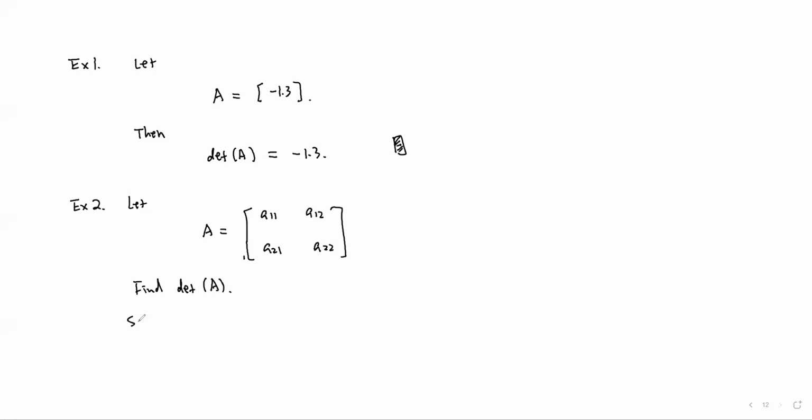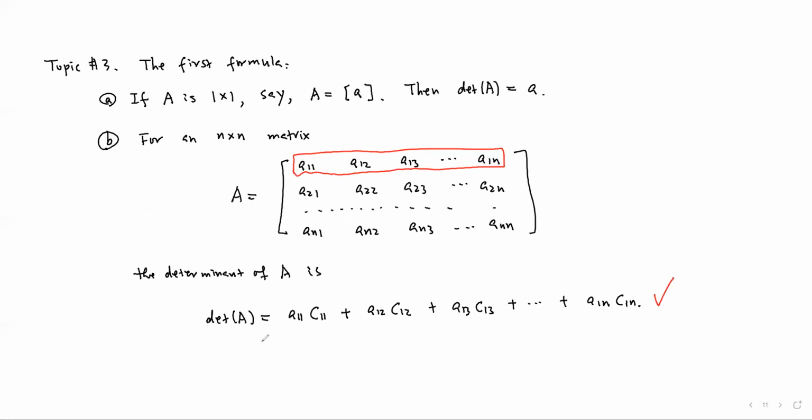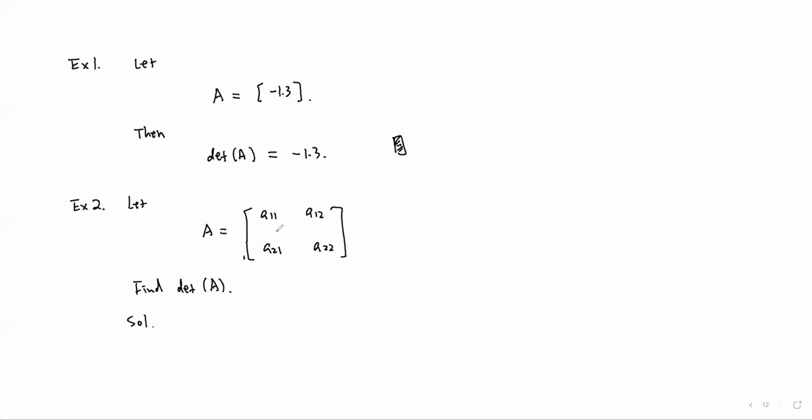Solution. We have a formula, the formula is here. By the formula, the determinant of this matrix A is, looking at the first row, A11 C11 plus A12 C12.